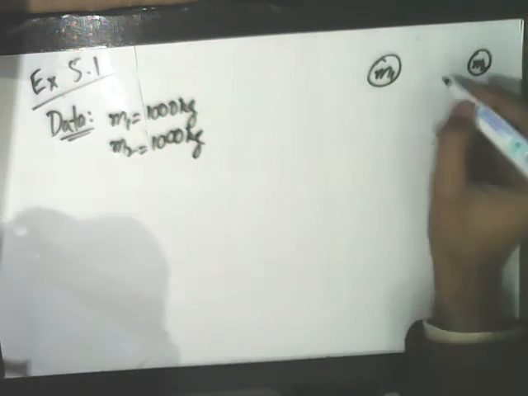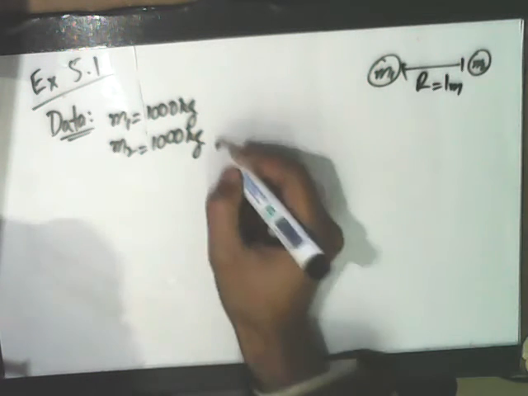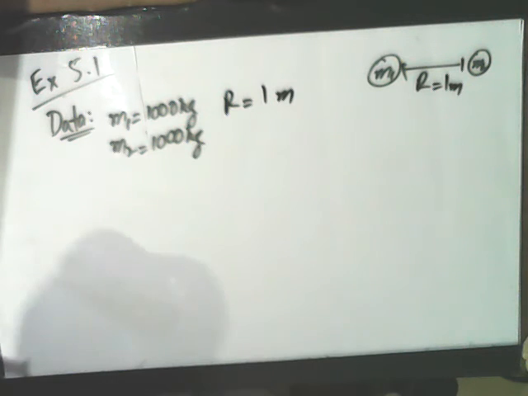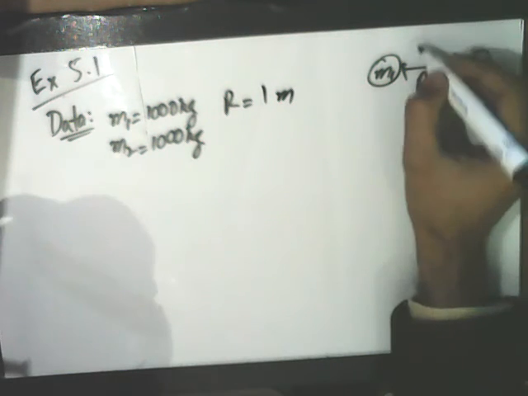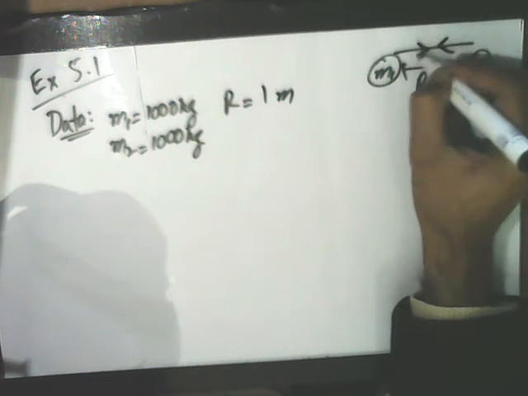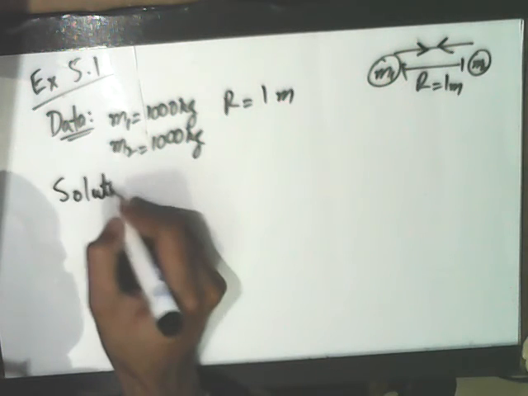They are separated by a distance of 1 meter, so we're going to take capital R being 1 meter. Find the force with which they attract each other. What would be the force of gravity between them, or force of attraction? So let's get to the solution.